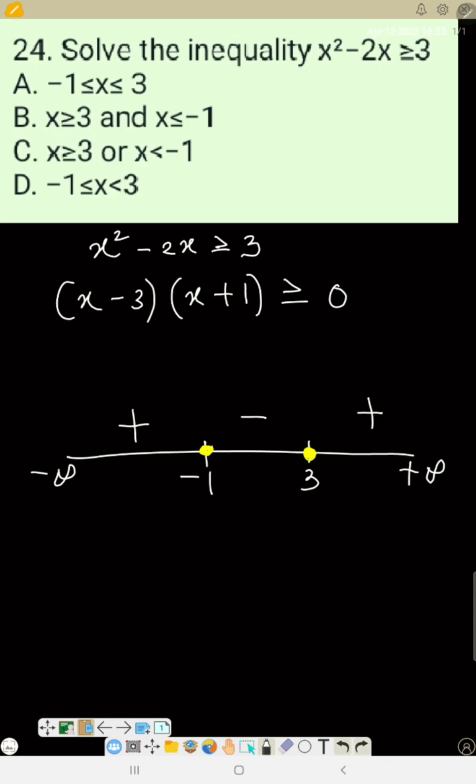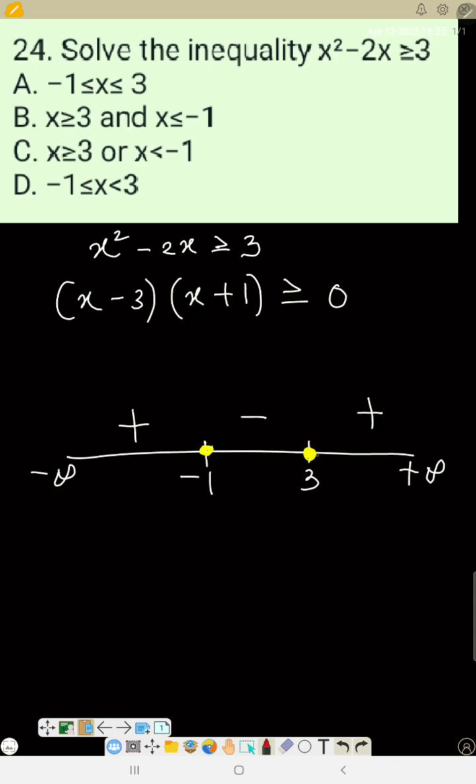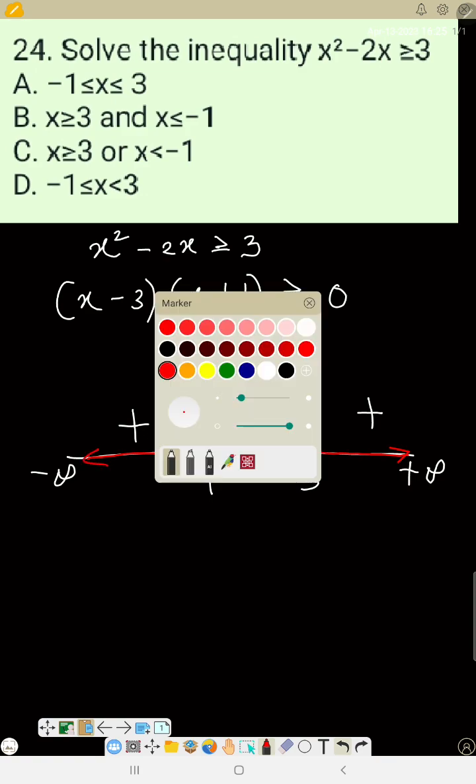And we've tested that the two positive results are here: from 3, see the arrow like this, and also like this. So those are our two results.